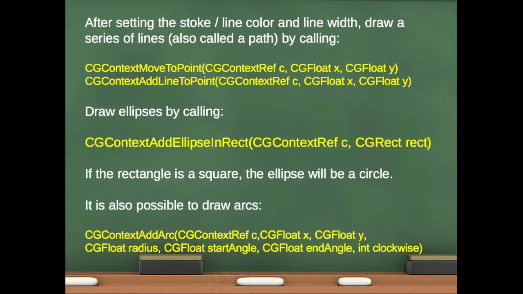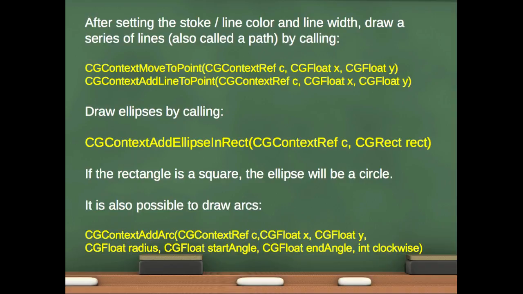So move to point will move our starting point to a point within the context, within the view's bounds, and it takes 3 parameters, the context, the x and y coordinate, and then add line to point will draw from the last known point in the path to the point given.